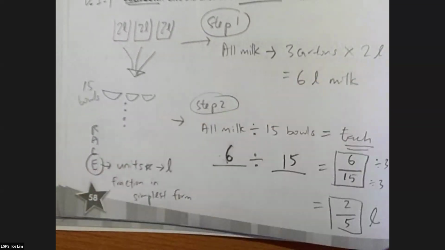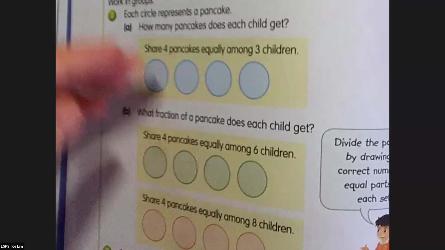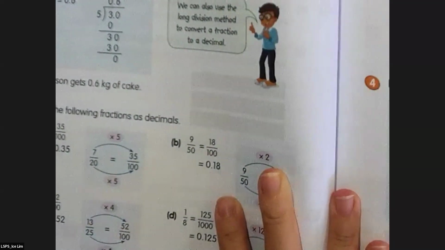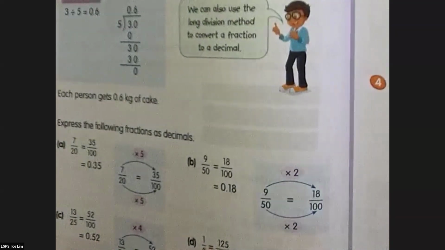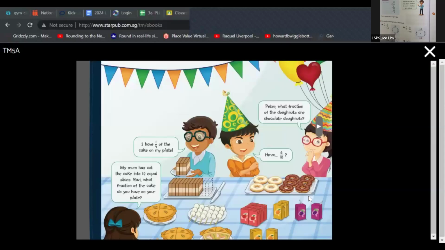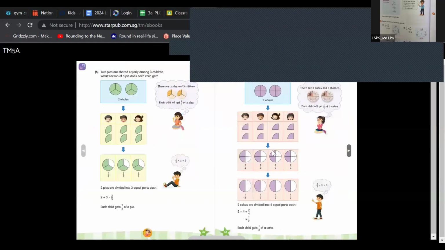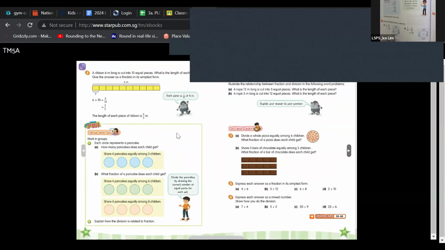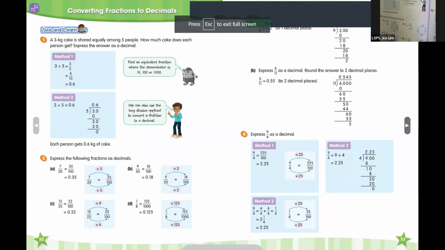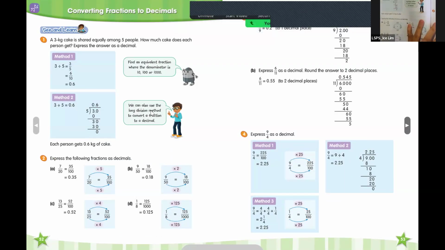Okay, so I'm back on my textbook, and the relevant pages are page 52 and page 53. Now, the textbook shares with you, in a way, a recall of what we learned when we were in primary 4.